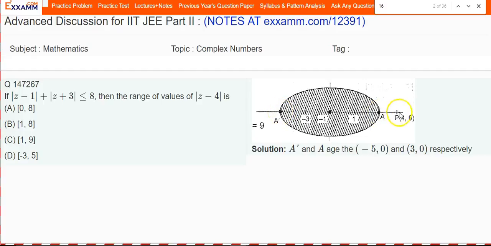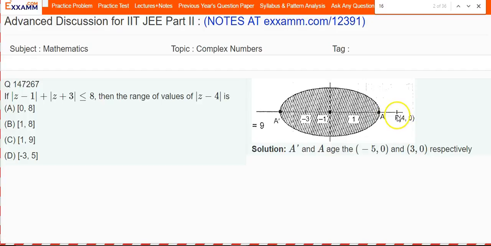The minimum distance, as is obvious from this picture, of point P from any of the points inside or on the ellipse is PA, and the maximum is PA dash.